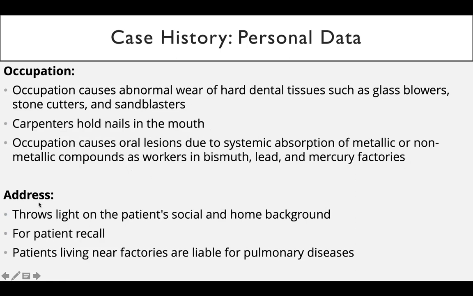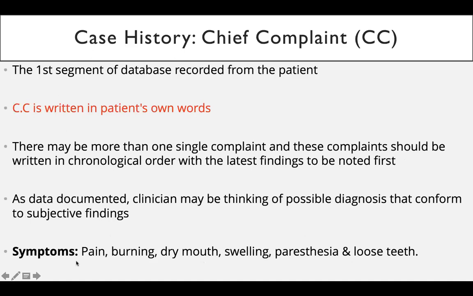And then the address of the patient in personal data is important to throw light on the patient's social and home background, where he lives, the socioeconomic condition of the patient, and for patient recall. Patients living near factories are liable to pulmonary disease. So if the patient lives near a factory, you can relate it, because some patients living near factories have some relation with pulmonary disease.